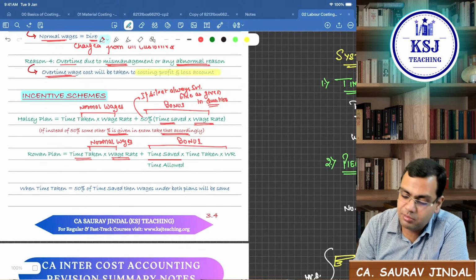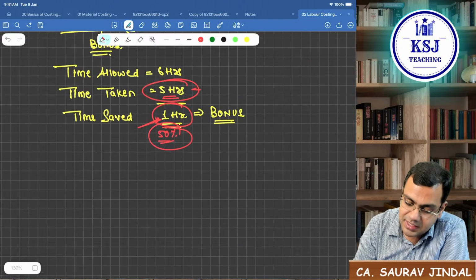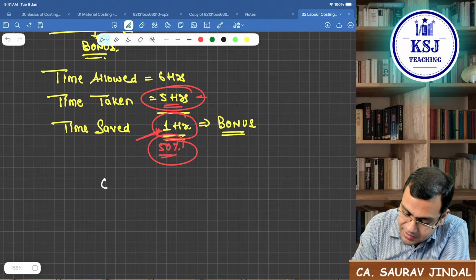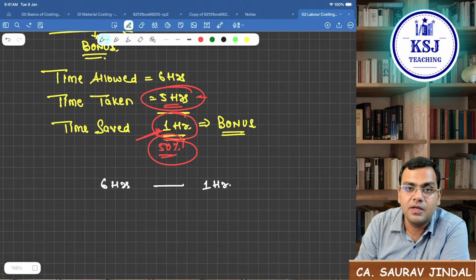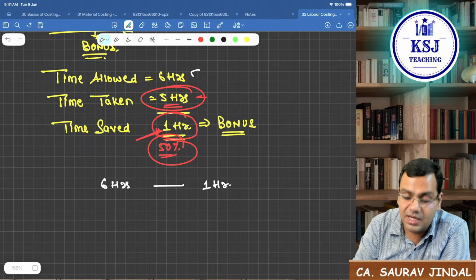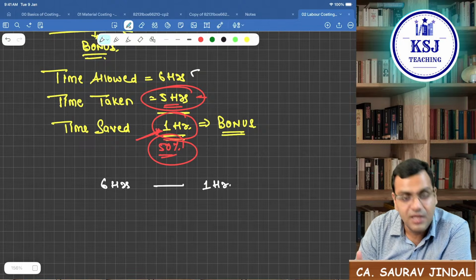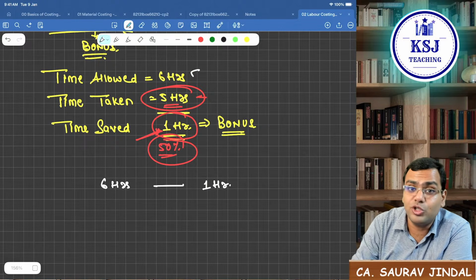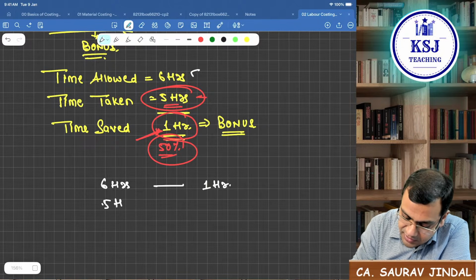What is proportionate bonus? Proportionate bonus says that if for 6 hours of time allowed, your time saved is 1 hour, then what is the proportionate time saved for 5 hours?